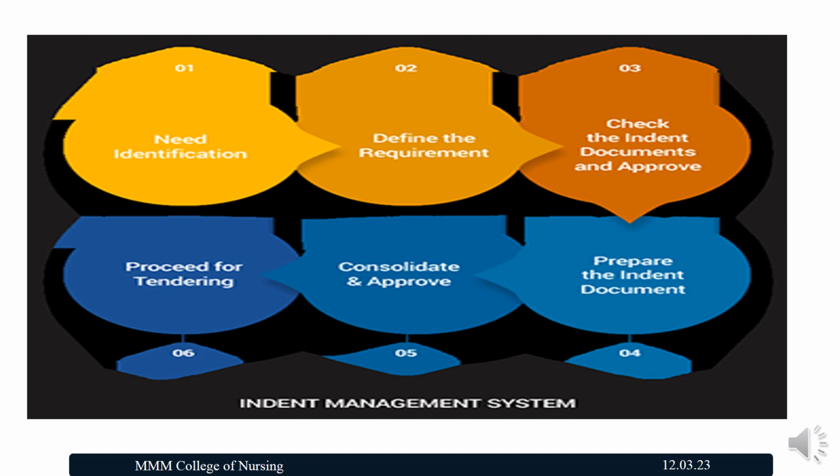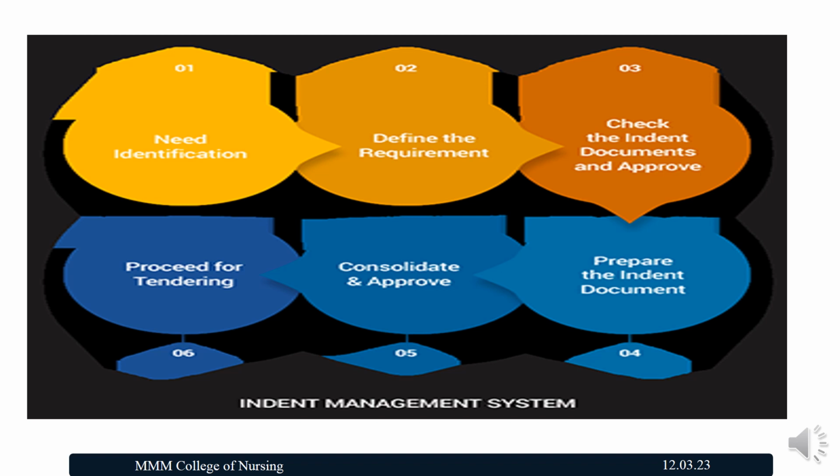Indent management system. What are the steps of indenting? The first is need identification. The person who is creating the indent should know the need for that particular item. The second step is define the requirement, and the third is check the indent document and get the approval.